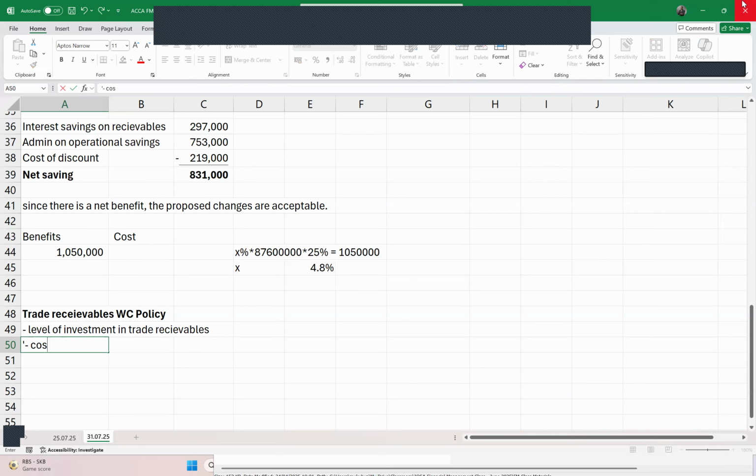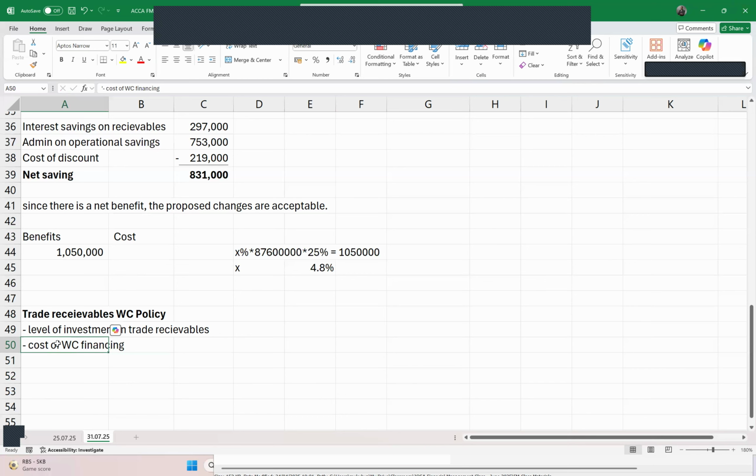But also the cost of working capital financing. Here we are dealing with, if you want to get some short-term finance, how much does it cost you?